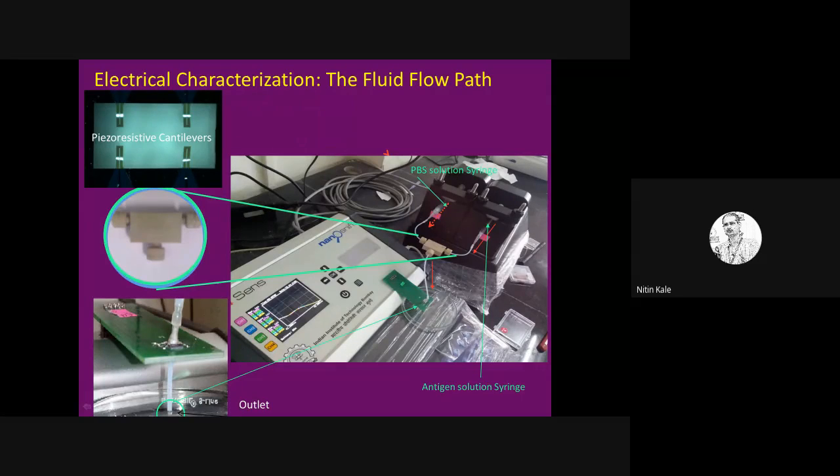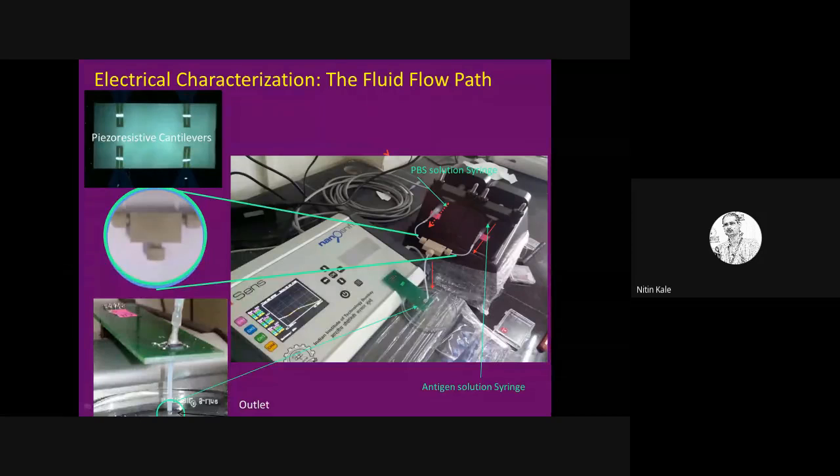This we know is the cantilever die. This cantilever die is attached on a PCB. Then you do what is called wire bonding from the die to the PCB. On this side of the PCB, you have the connectors.